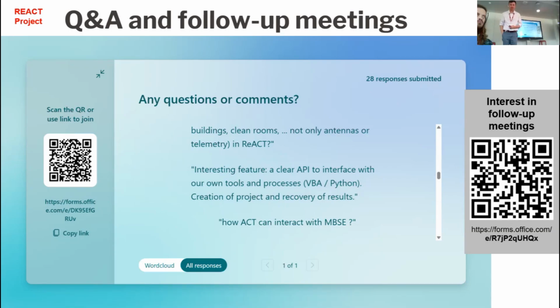Okay, so some people asked about the MBSE, which is something we mentioned during the presentation. And the question is, how will it interact? That's something we're looking into at the moment. An interesting feature about the API is a similar trend: we want to make sure the tool is compatible with other tools.